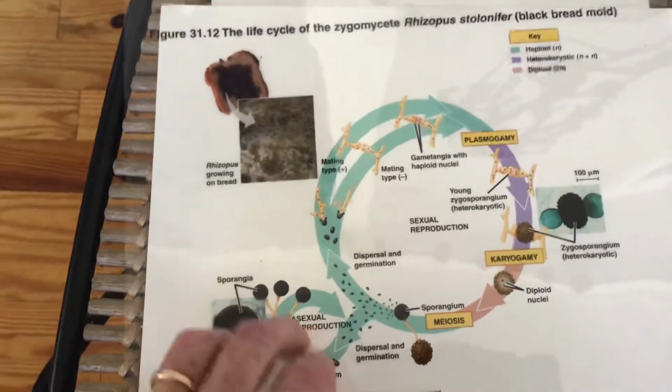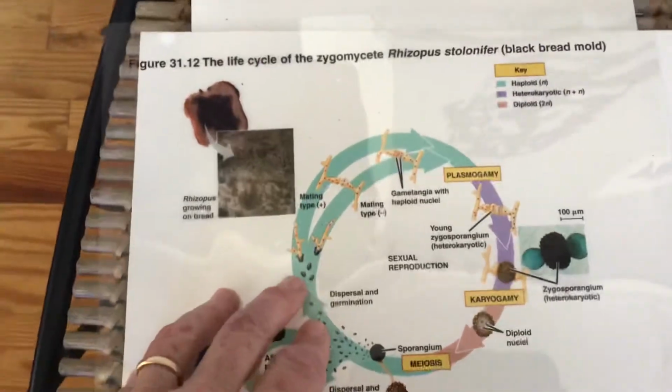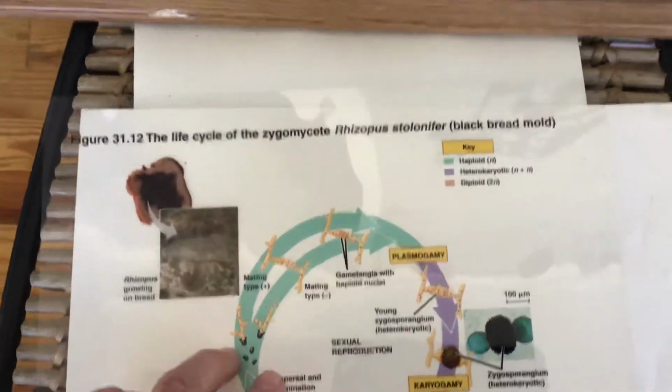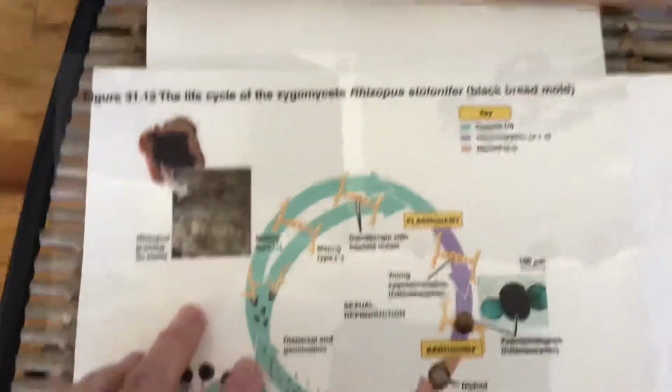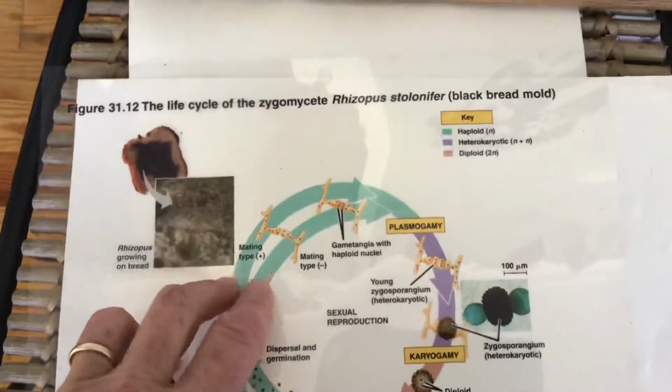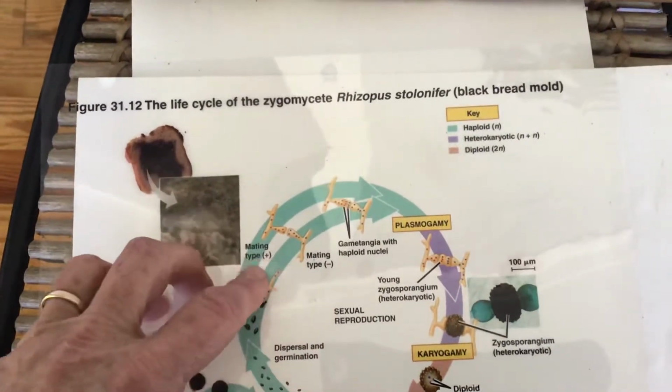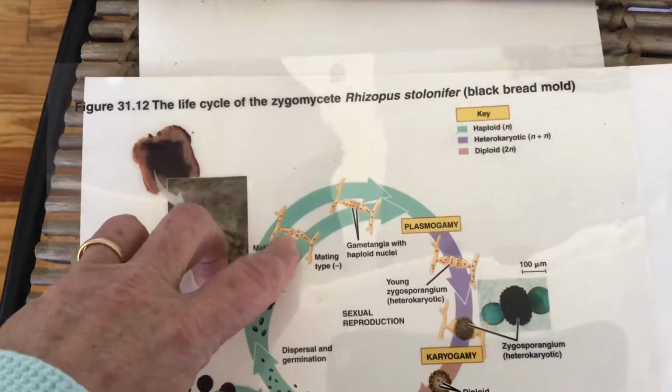And then what it will do is do this sexual part of the life cycle. So what happens here is you have two mating types. Spores possibly from different mating groups can be growing on the same piece of bread at the same time, but what will happen is those mating types will meet.